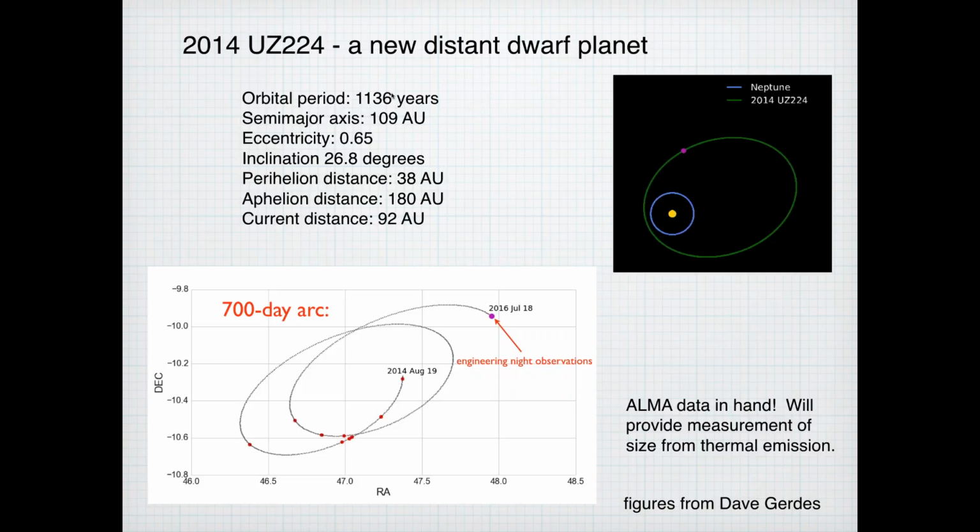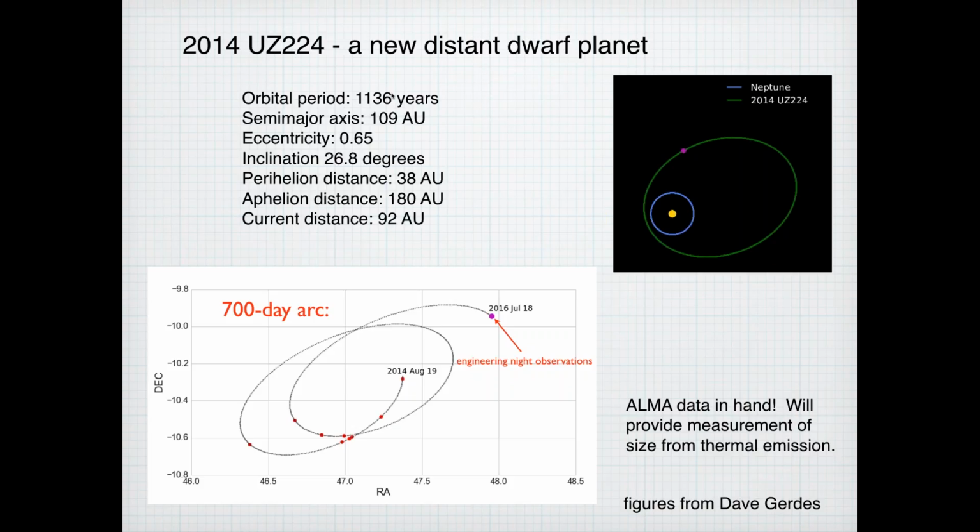DECam data alone only give you reflected sunlight. That information alone cannot be used to determine the size of the object, because it could either be a shiny small thing or a dull big thing. But we got some data from ALMA.